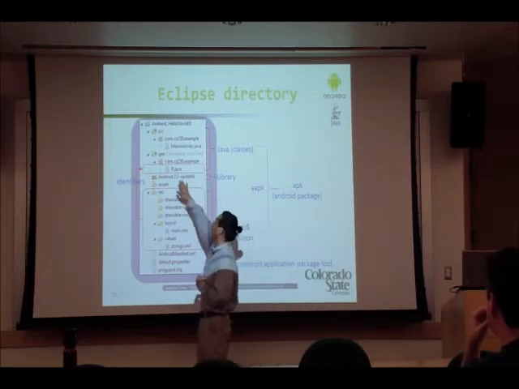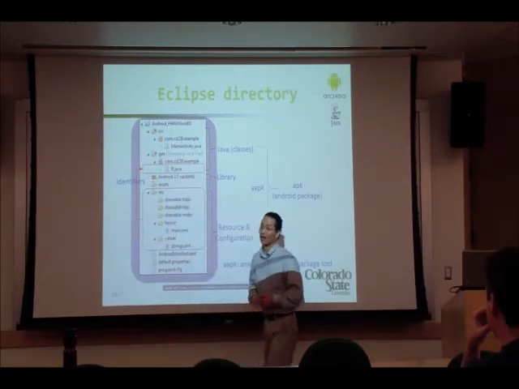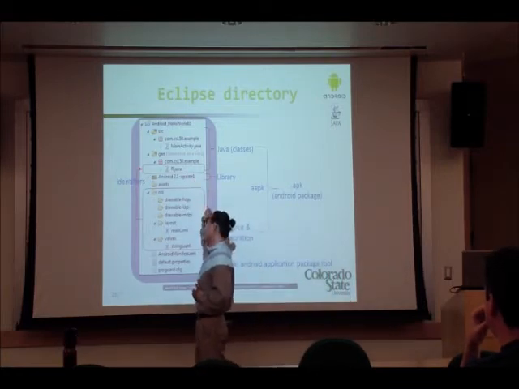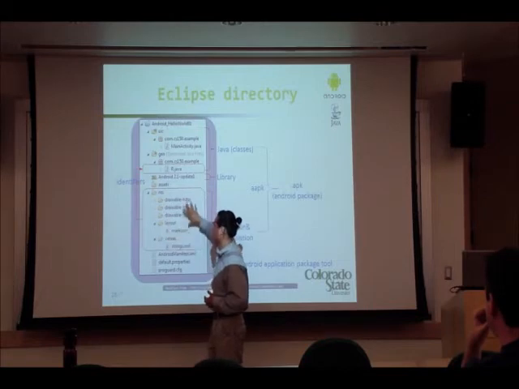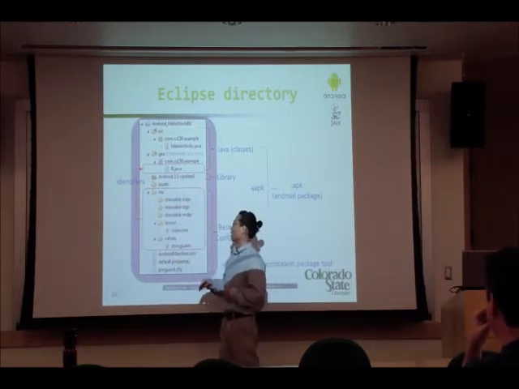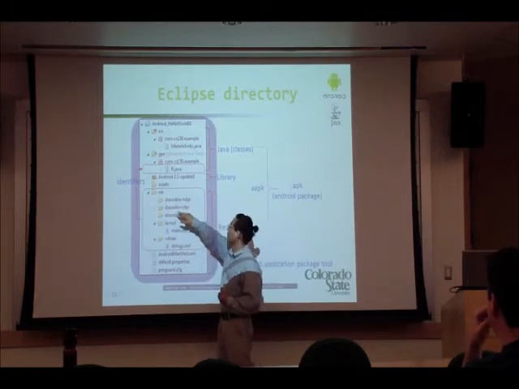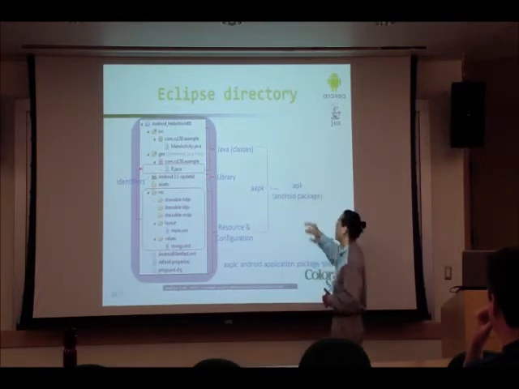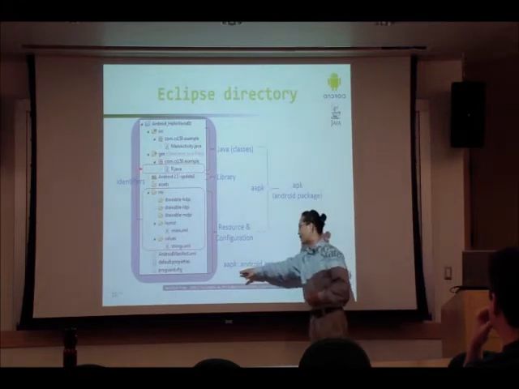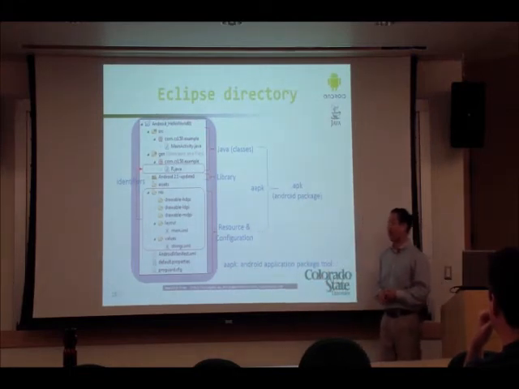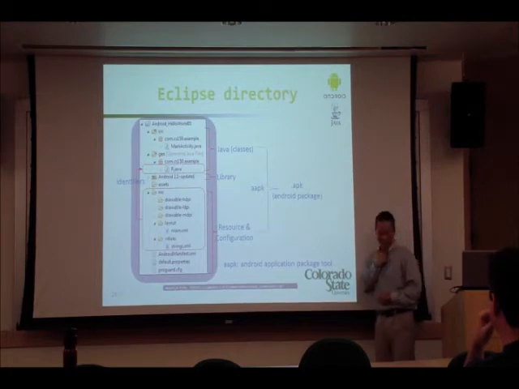The R.java is automatically generated by Eclipse, and this has all the information related to the resources, like layout information, string values, image files, and drawable HLM, which stands for high, low, and medium resolution. And every piece of information is packed into the APK file. That APK file is the counterpart of the .jar file in Java, I guess.